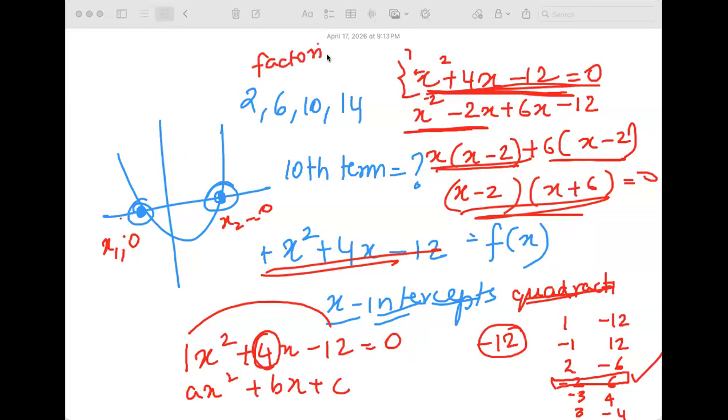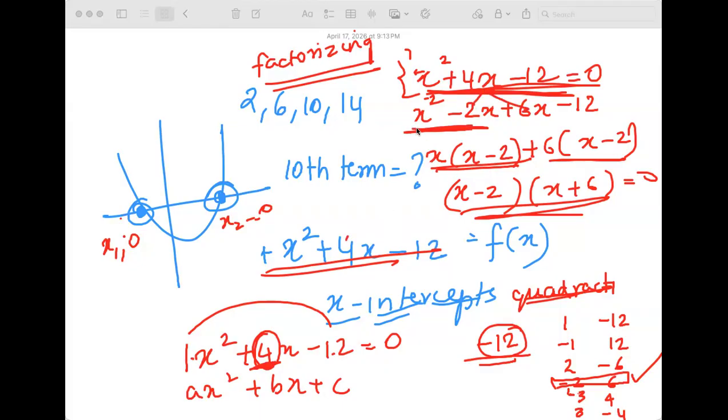This is the easy way of factorizing quadratic functions. What did I do? I found the product of a and c, wrote out the factors of that number and saw which pair added to 4. This was the pair, so I split that 4x into minus 2x and plus 6x.